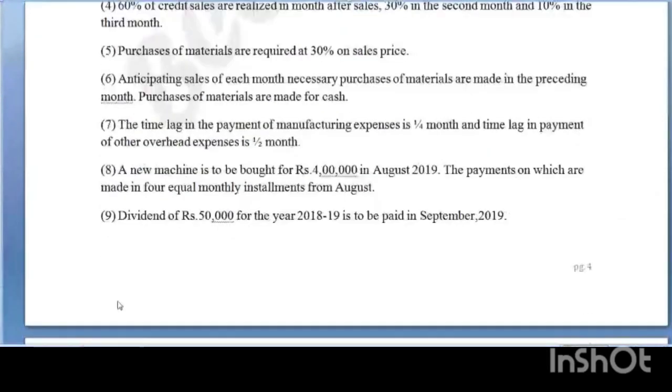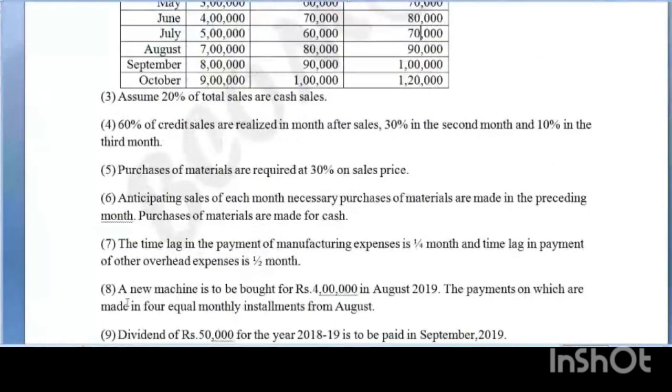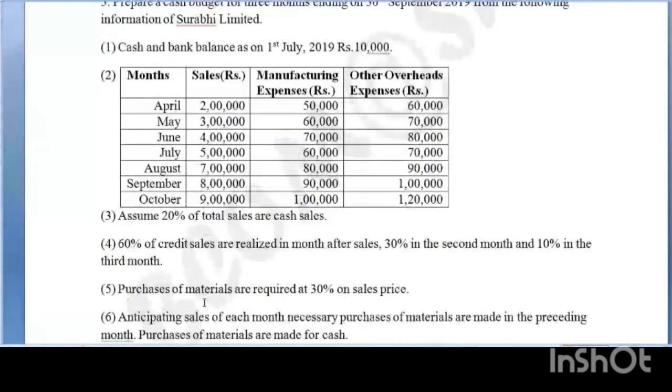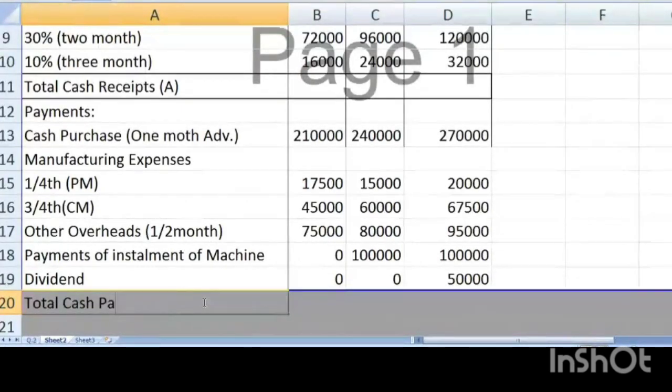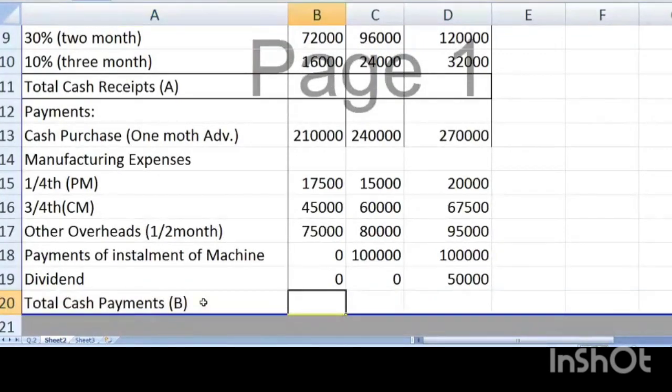So is there anything remaining? Let's check. I think no. All the points covered. It is called total cash payments. It's called B. Okay. Now make the total. 347,500 is correct.